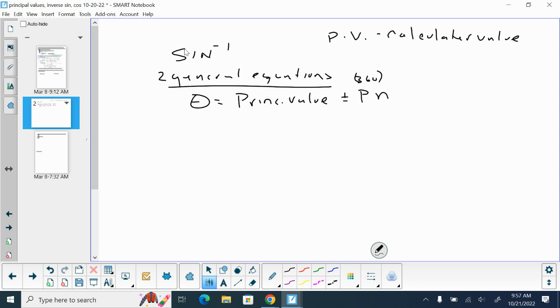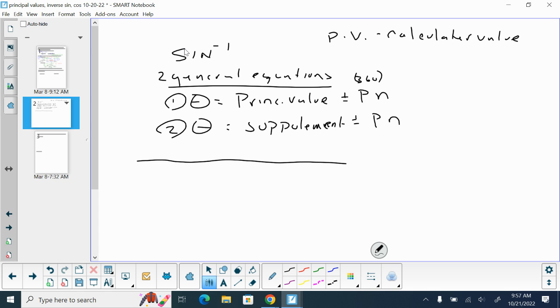The second equation comes from the supplement to the principal value plus or minus the period n.